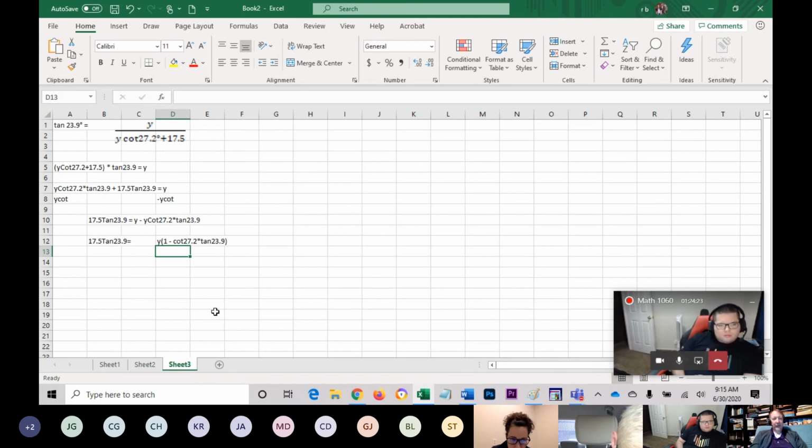Now that I've got that, I can divide by the 1 minus the cotangent. Now I've got y equals 17.5 tangent 23.9 over 1 minus the cotangent of 27.2 times the tangent of 23.9.